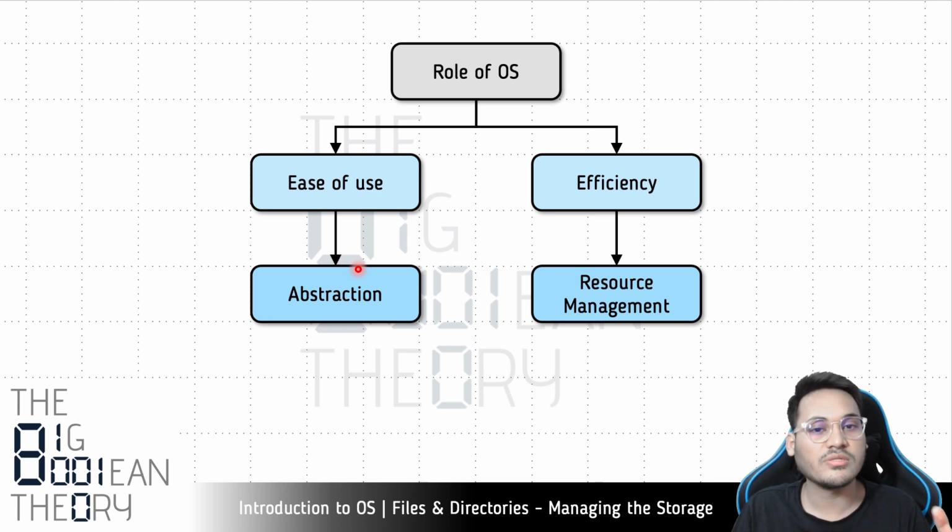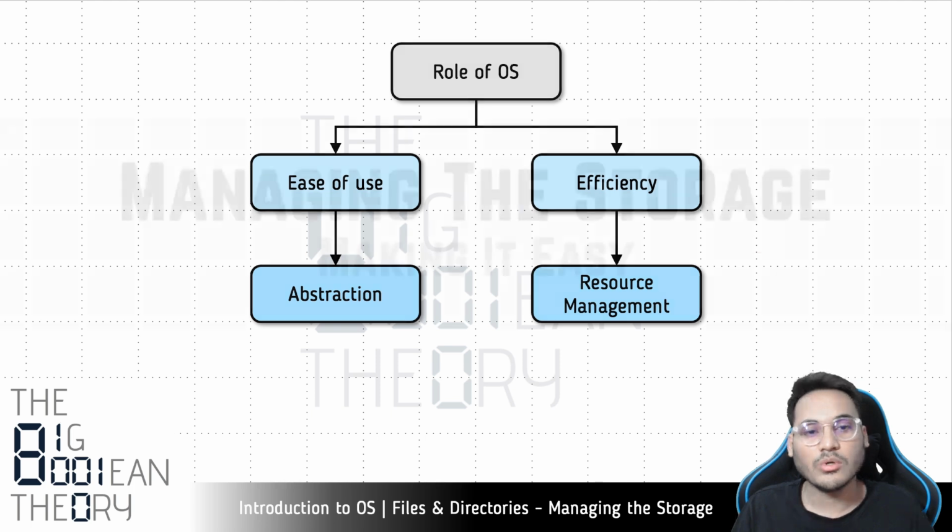This virtual resource is much easier and more powerful to use. The second fundamental responsibility is to make sure that the hardware is used in an efficient manner, and the operating system accomplishes that by doing careful resource management.